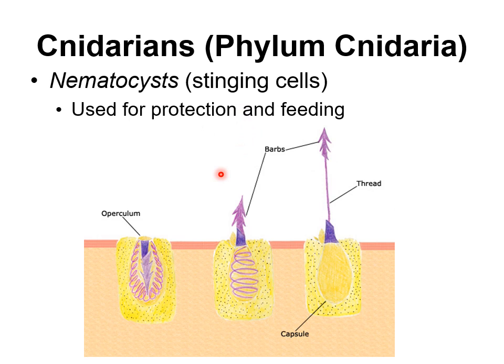So if you've ever been stung by a jellyfish, millions and millions of these tiny cells shot their tiny spears into your skin. If you can imagine having millions of tiny little hypodermic needles shot into your skin all at once, it's not a particularly pleasant sensation.